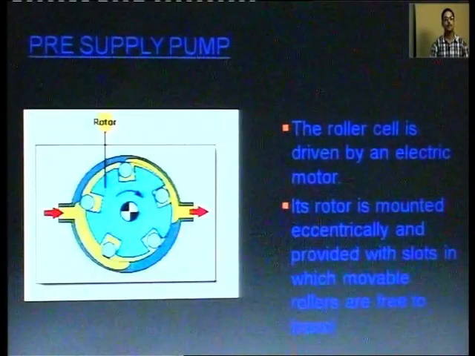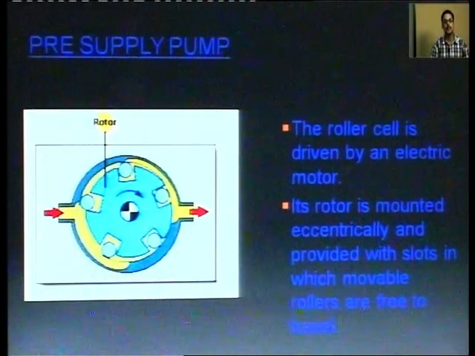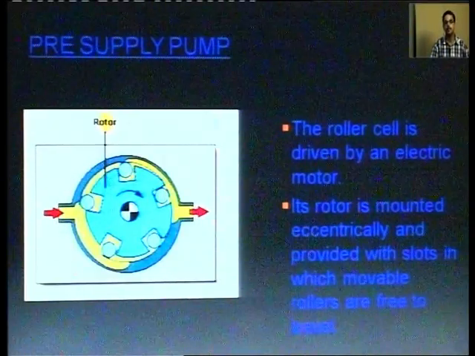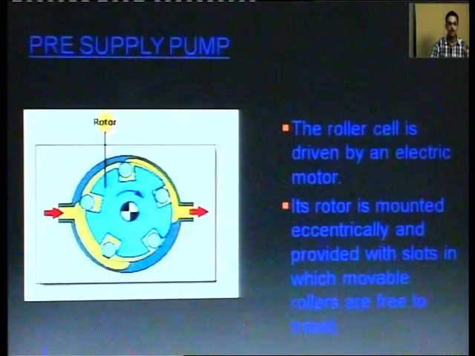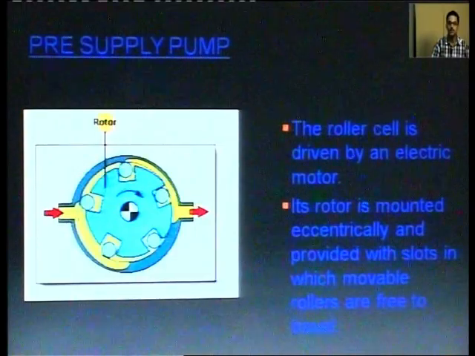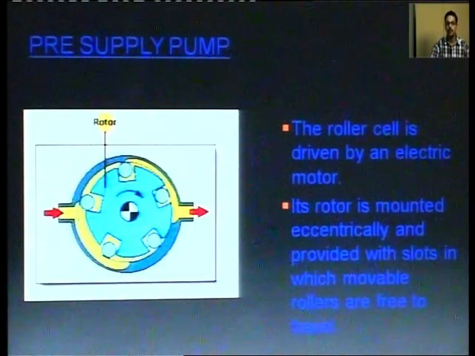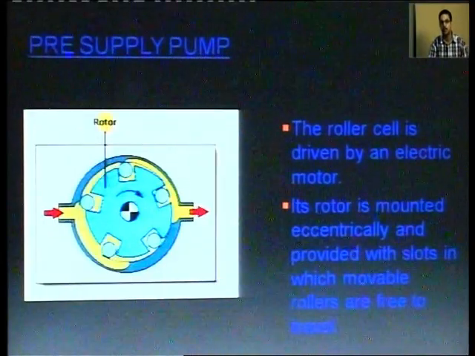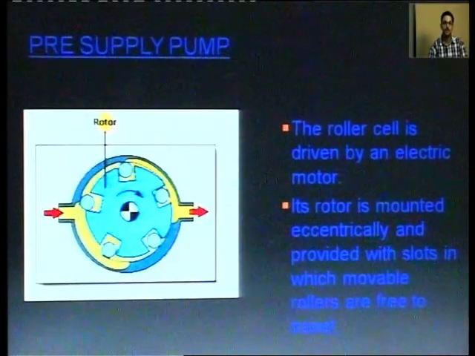The roller cell that was shown in the last slide has this section. The roller cell is driven by an electric motor. Its rotor is mounted eccentrically as shown on the left side and provided with slots in the rotor.